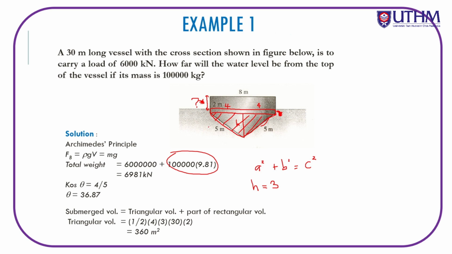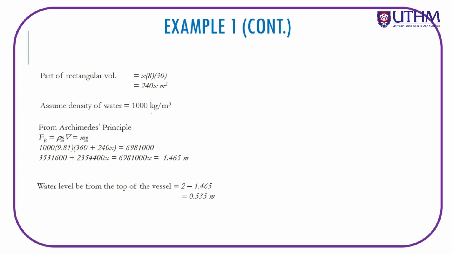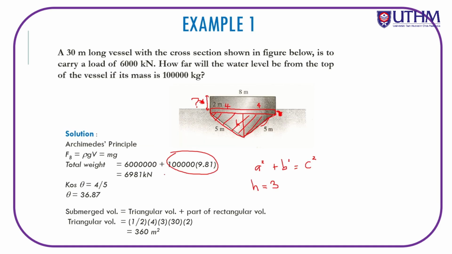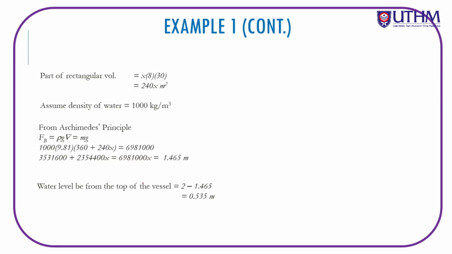Assume density of water, sebab dia kata water tadi kan. Dia tak boleh cakap sea water atau apa. So, water density dia adalah 1000 kg per meter cubic. So, kita pakai balik Archimedes principle tadi. FB equal to rho gV, which is V adalah volume displaced, equal to mass times gravity. Mass times gravity kita dah dapat tadi, iaitu total weight untuk load dan juga vessel tadi, iaitu 6981 kN.